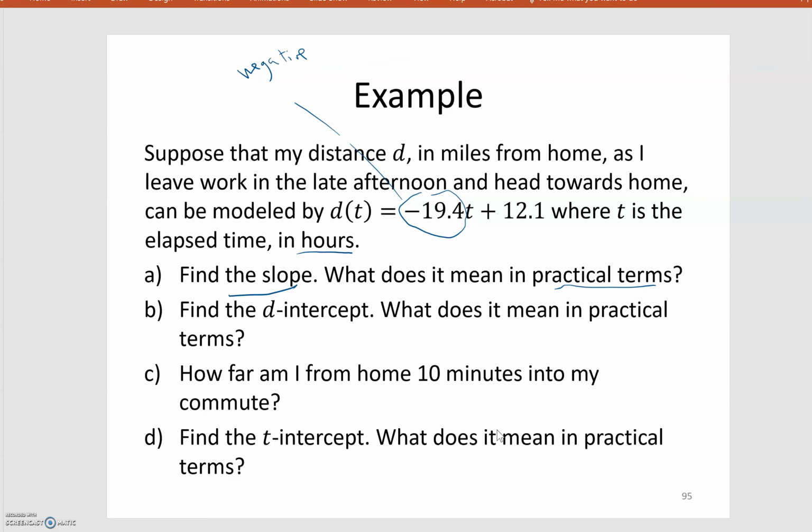So every hour I'm 19.4 miles closer to home. My d-intercept is this value, 12.1. What does it mean in practical terms? Well, that's my distance from home at time 0. So I start off at 12.1 miles away from home.